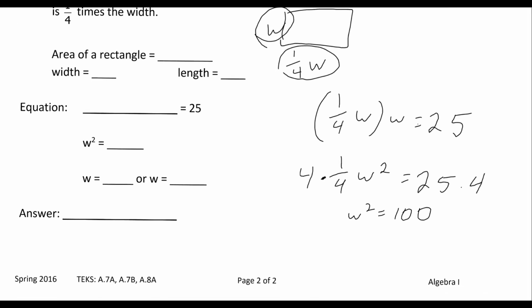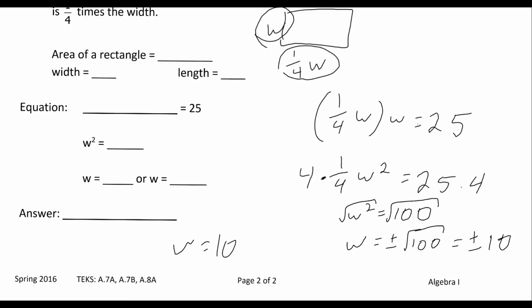Which further means that when I take the square root of this, I have W equals plus or minus the square root of 100, which equals plus or minus 10. That means W equals 10 and W equals negative 10.